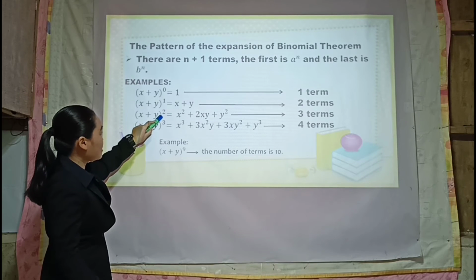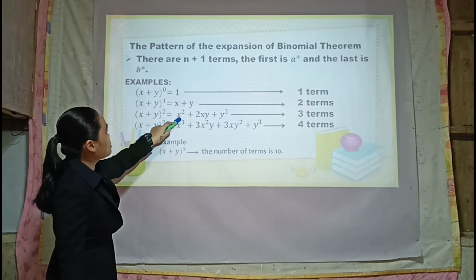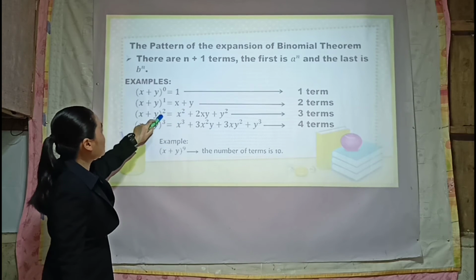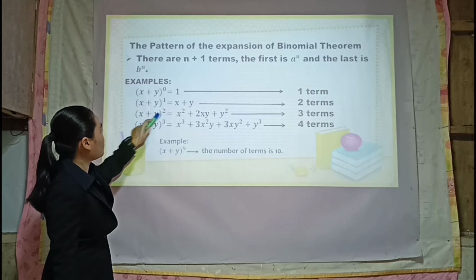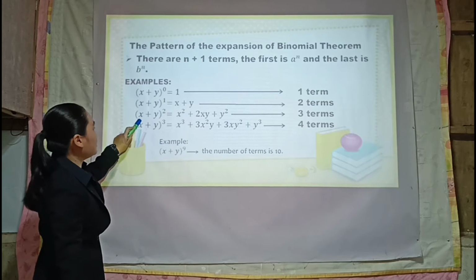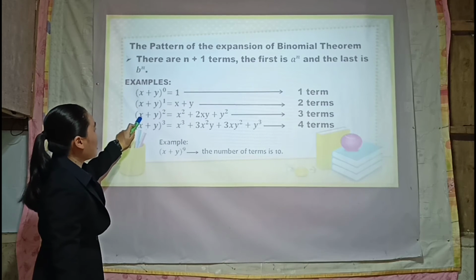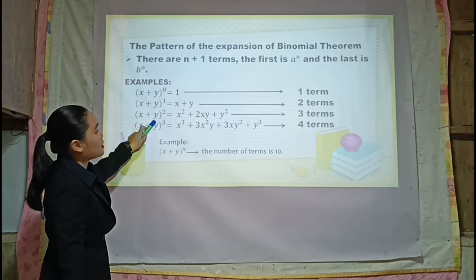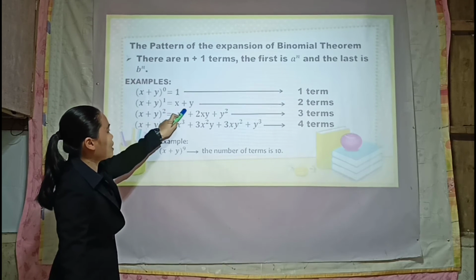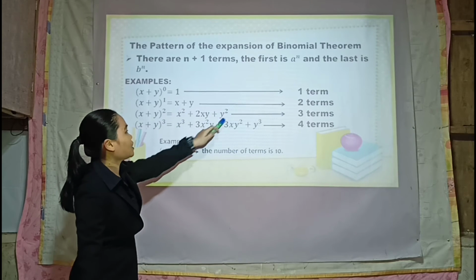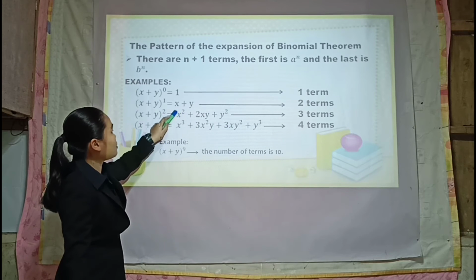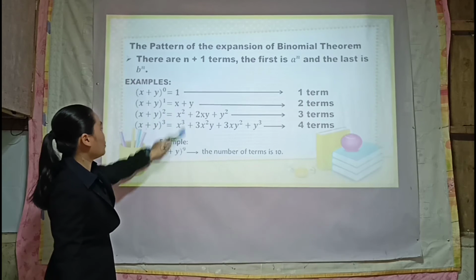Since our n here, in this example, is 2, and our a here is x and our b is y, we have x squared, and the last is y squared because x is our a and y is our b and our exponent, or our n, is 2.